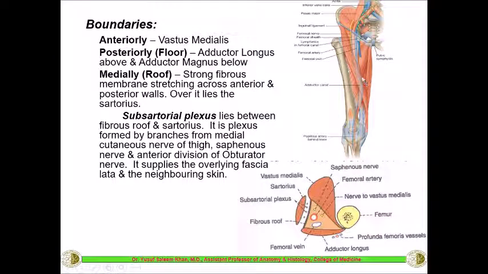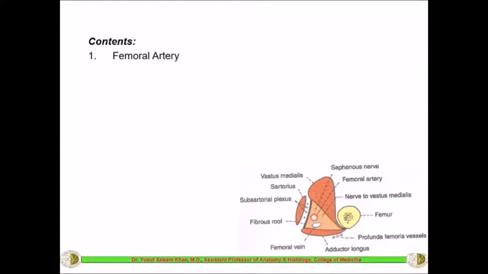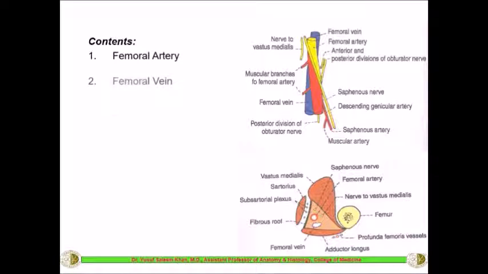So here again you can see the adductor canal, which is connecting the femoral triangle with the popliteal fossa below through the adductor hiatus. So what are the contents of this adductor canal? One is the femoral artery, the second is the femoral vein. You can see in this picture the femoral artery in the cross section, and this is the femoral vein.